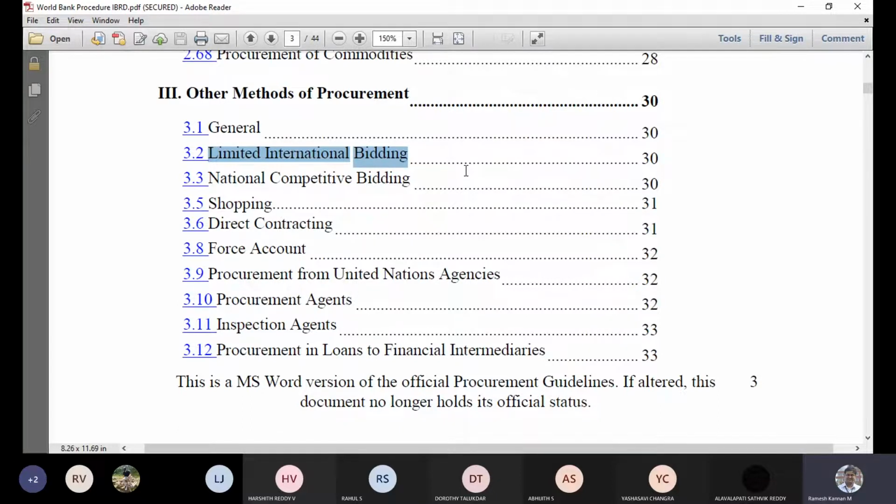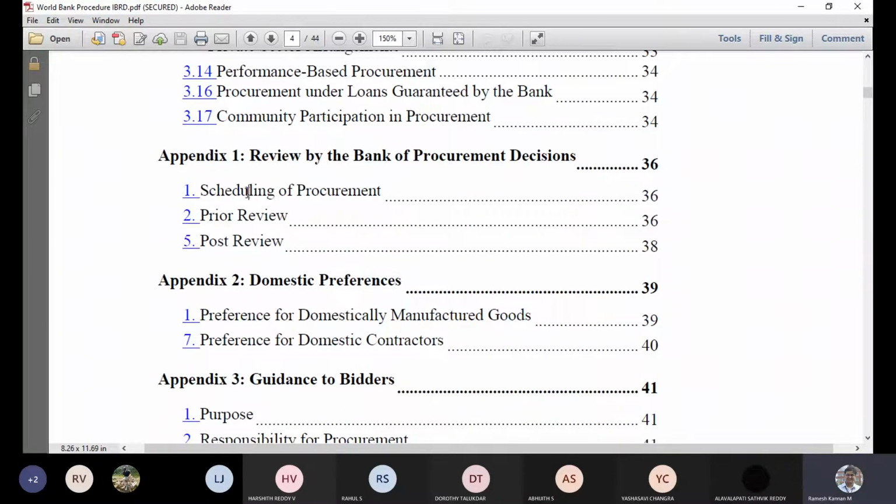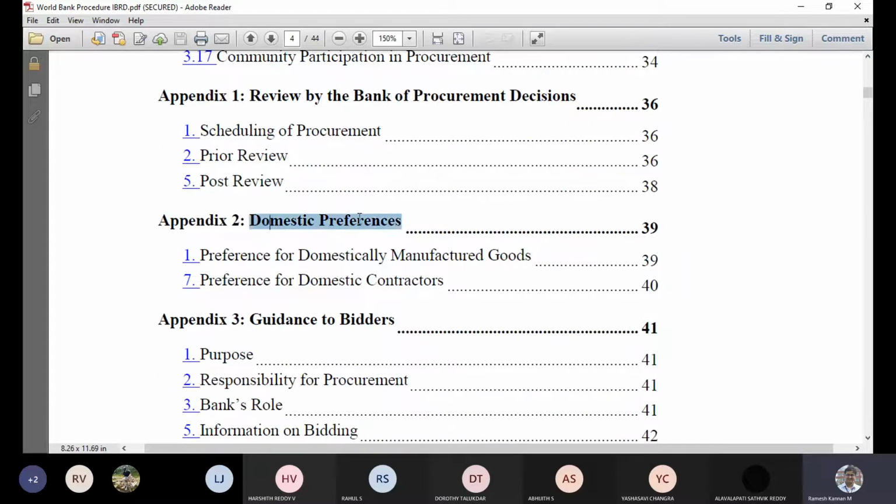They can get it done from the companies, the countries, who have specialization in that, right? So that's what limited international bidding basically is. National competitive bidding is within the country. That is what we have seen during our example, like the Corporation of Chennai example, an invitation for bid, and other things like the schedule of procurement reviews, prior reviews and post reviews, and domestic preferences.